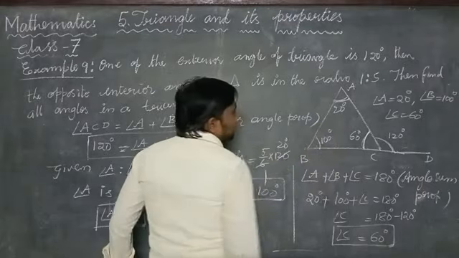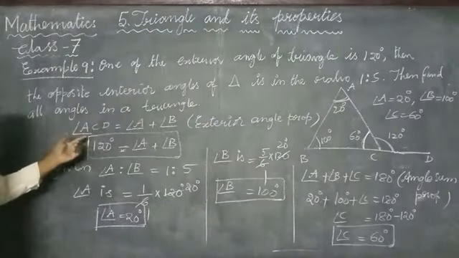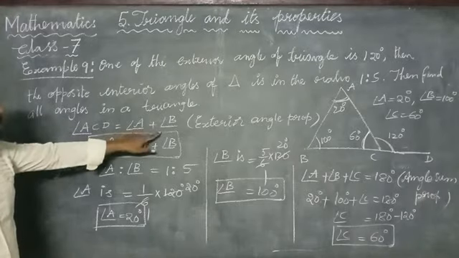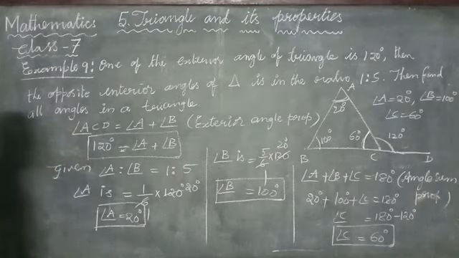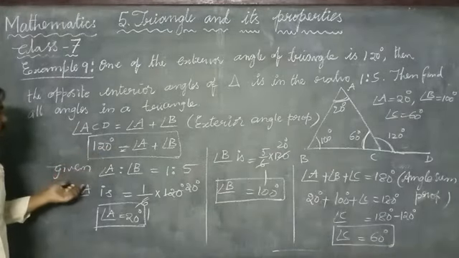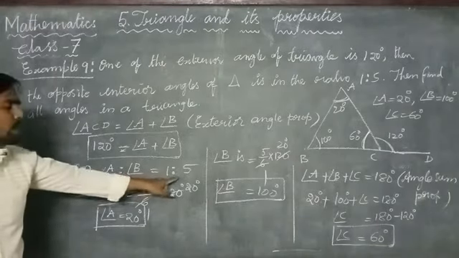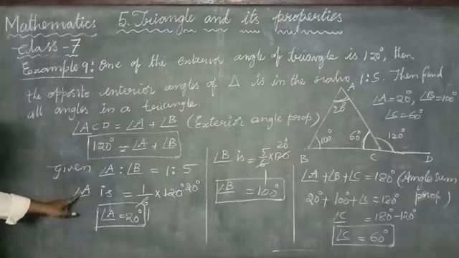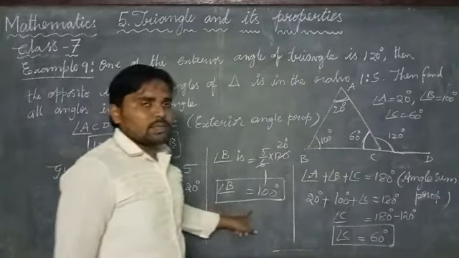Here the opposite interior angles are angle A and angle B. So angle A plus angle B equals angle ACD. From that angle A plus angle B equals 120 degrees. Here they have given the ratio angle A is to angle B equals 1:5. From that we can find angle A equals 20 degrees, then angle B equals 100 degrees.